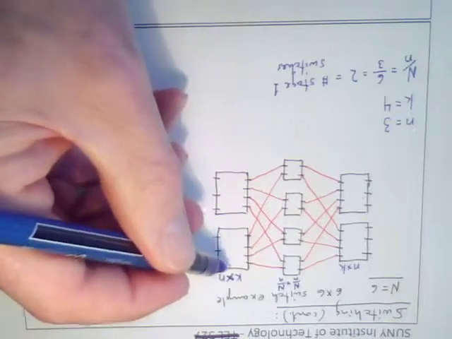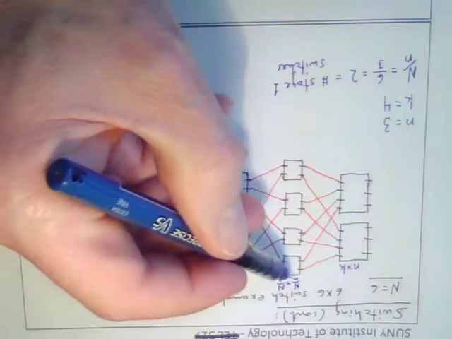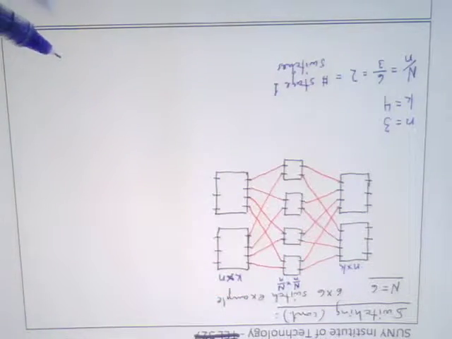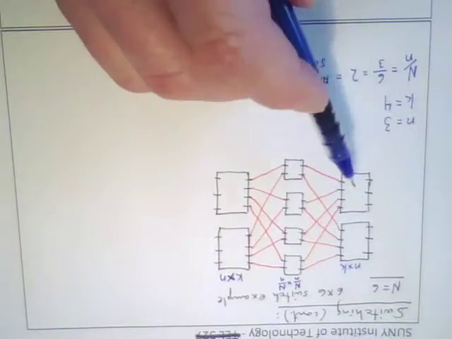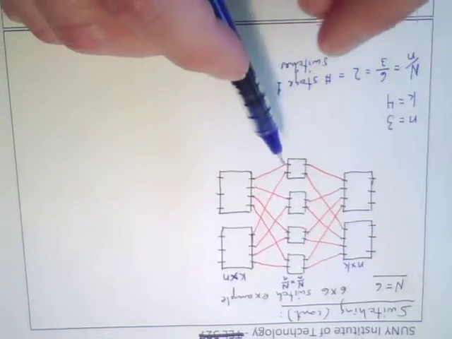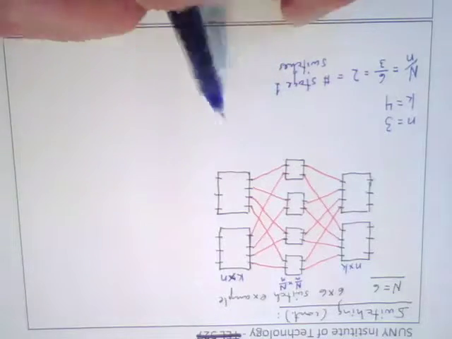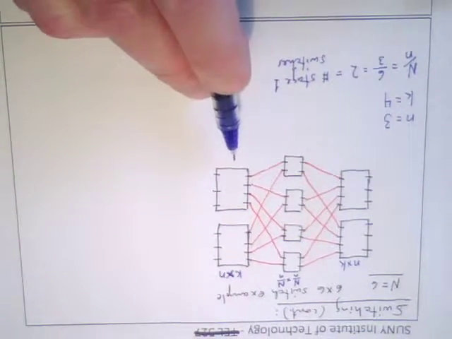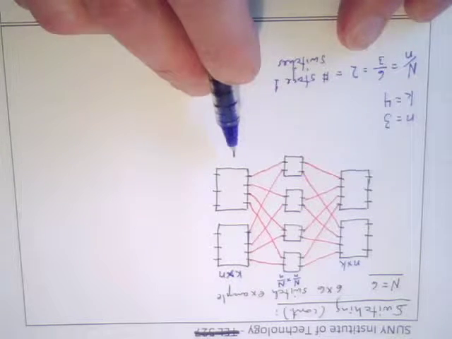So these are 4 by 3 switches, these are 2 by 2 switches, and these are 3 by 4 switches at stage 1. Okay. And the number of switches here is big N divided by little n. The number of switches here is k in stage 2, and in stage 3 the number of switches is big N divided by little n again.